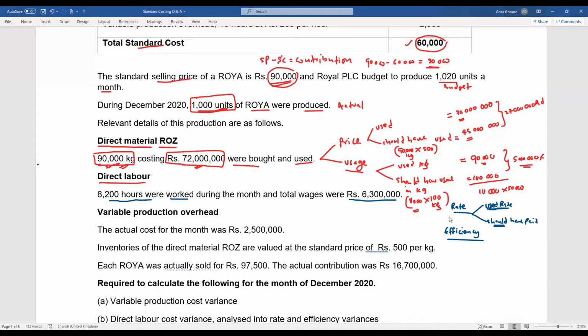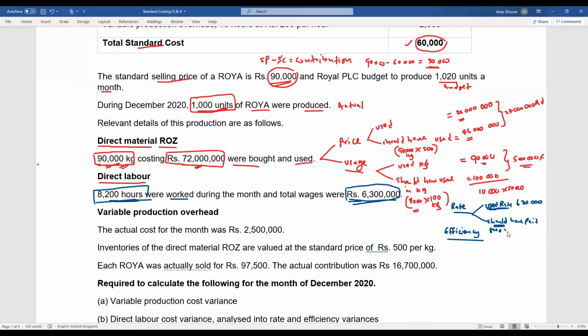As far as the rate is concerned, we have paid 6.3 million. So we should have paid for 8,200 hours of work. Actual hours worked were 8,200.